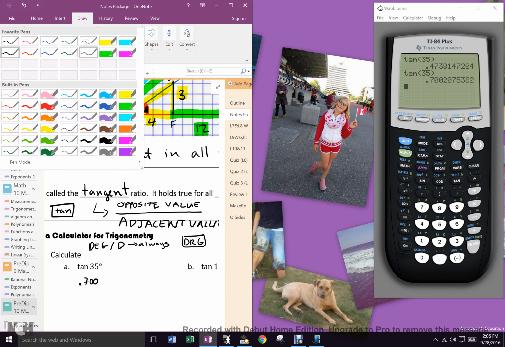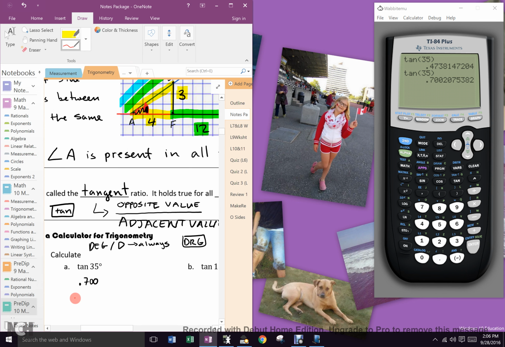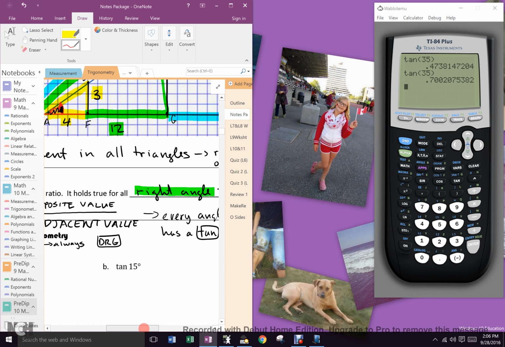You have to do 35 tan. And you won't need to hit the equal sign. Can everybody make their calculator show 0.700? Everybody can? So you know how your machine works, right? It's a big pain for math teachers because everybody's got a different calculator.